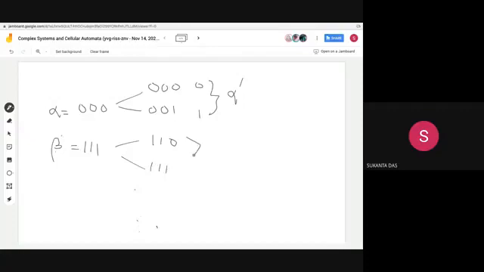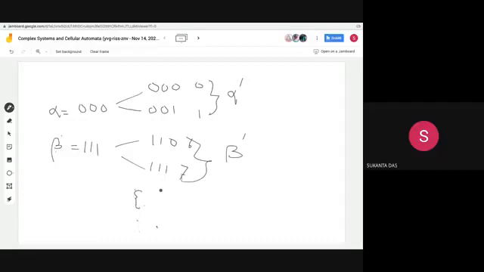Now this forms beta dash, right? Here 000 is 0 and 110, so you get this set. This is 0 and 1, and this is actually again 6, and this is 7, right?